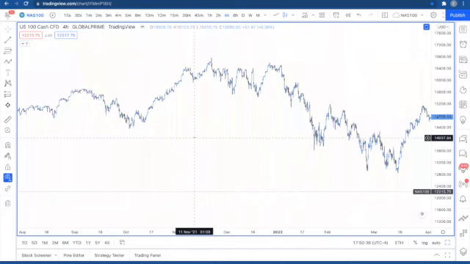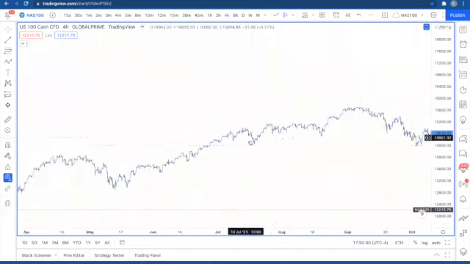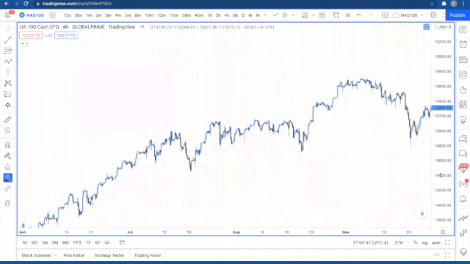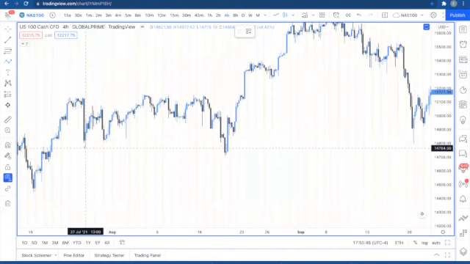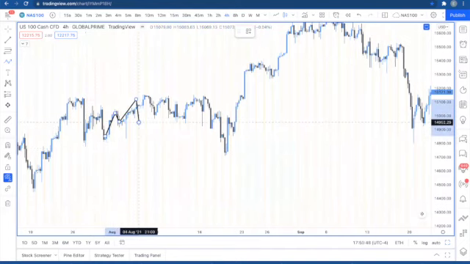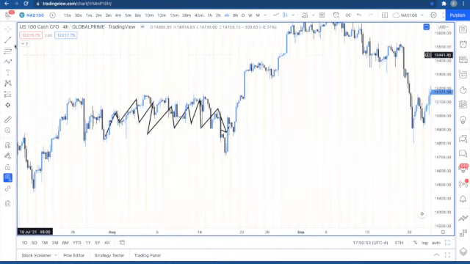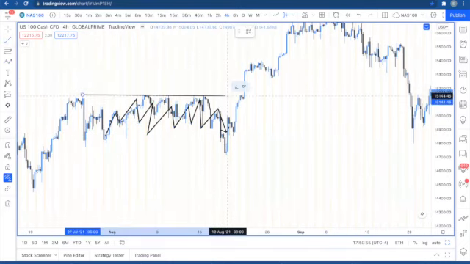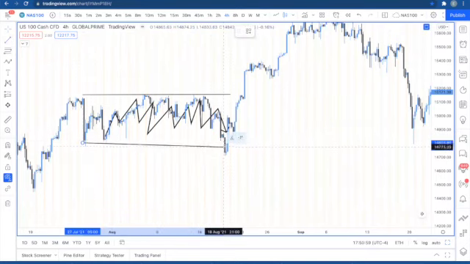As far as consolidation, as I stated in the beginning, consolidation is when the market moves sideways. There is not much that I can say about that, except that it's a range that the market is stuck in. In this example, the range would be this high and the range would be this low.